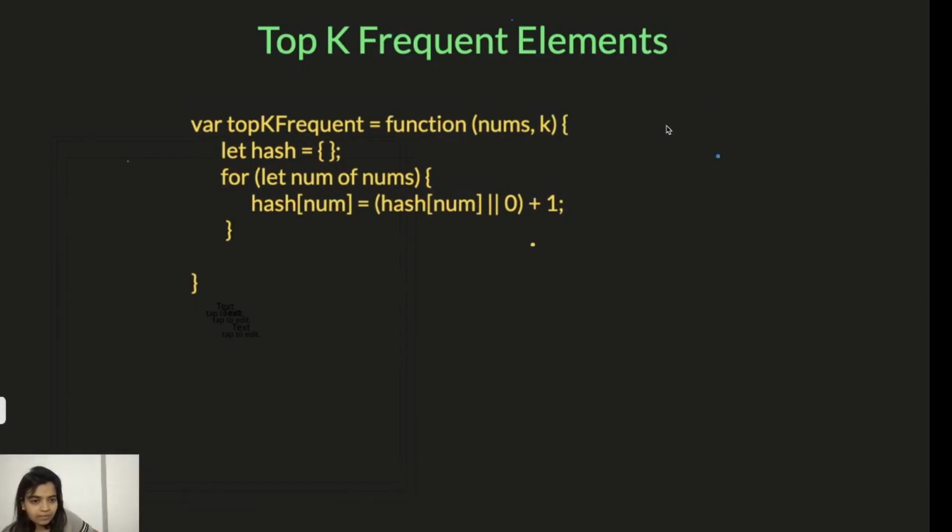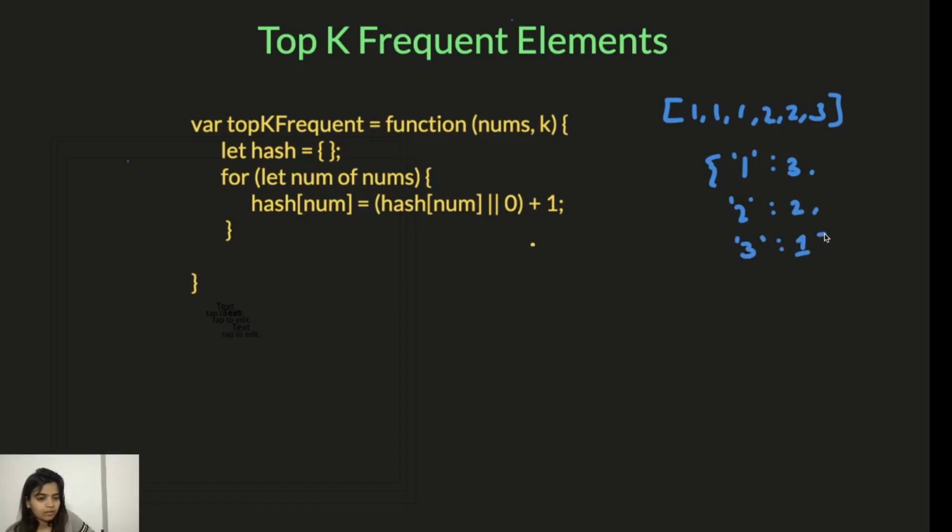We will have something like this in the hash map. These were the elements 1 1 1 2 2 and 3. 1 has occurred 3 times, 2 twice, and 3 one time. So now we just have to sort all these in descending order of frequency.